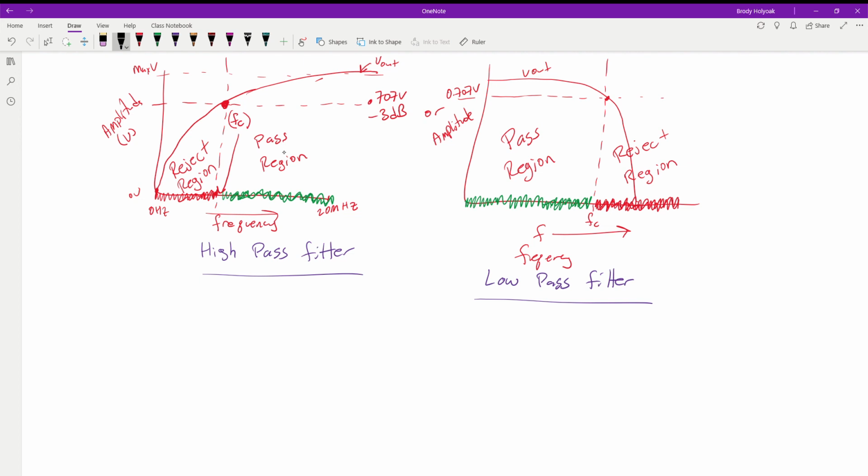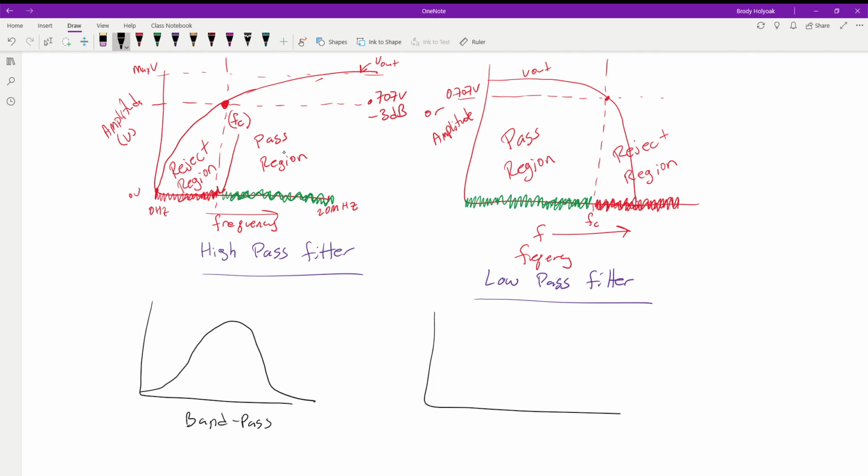All right, so we have a high pass filter, we have a low pass filter. The next type of filter that we're going to have is going to look like this. This is a band pass. And this is going to be a band stop. So when we look at these, this is our pass region, this is reject, this is also reject.